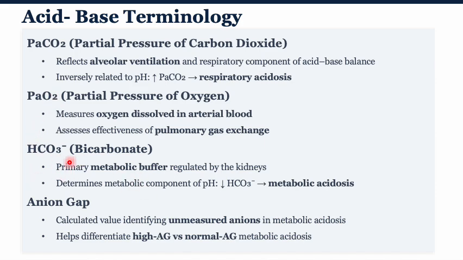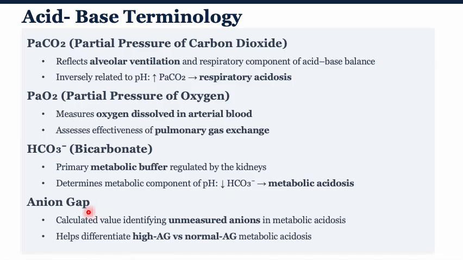Bicarbonate is the primary metabolic buffer that's regulated by the kidneys. It determines the metabolic component of pH. So a decreased bicarbonate usually equals metabolic acidosis.